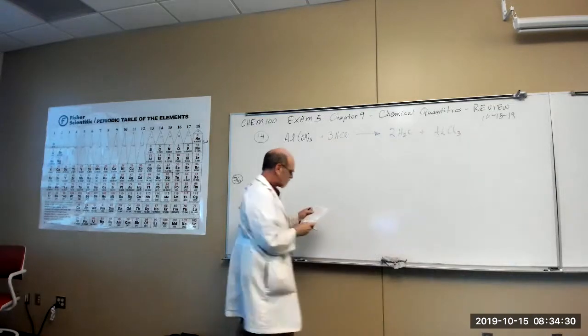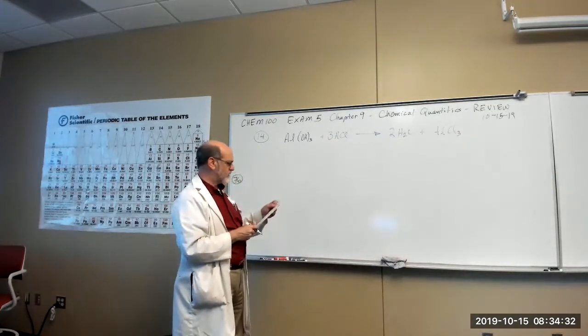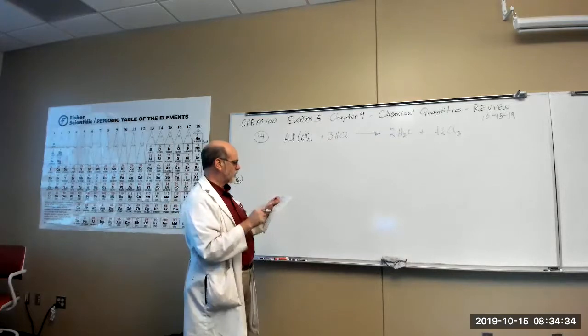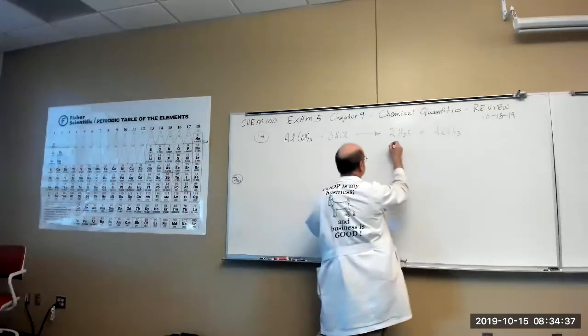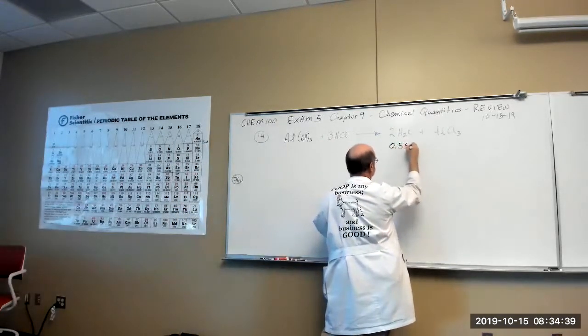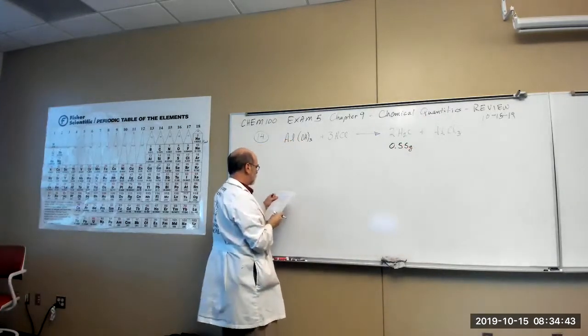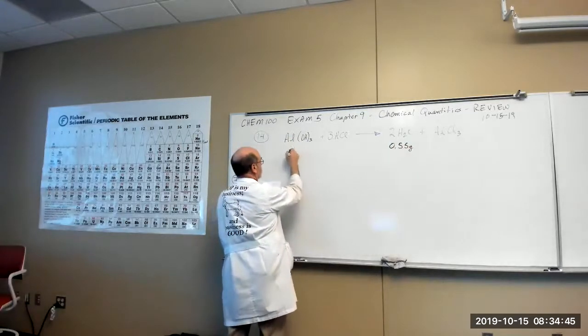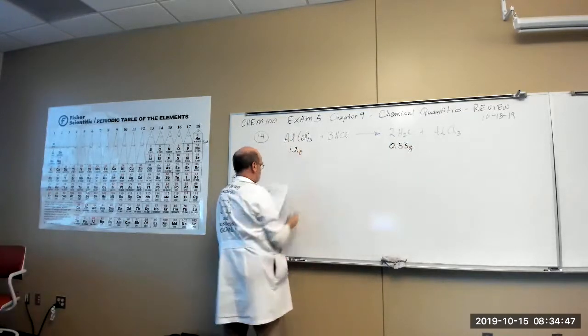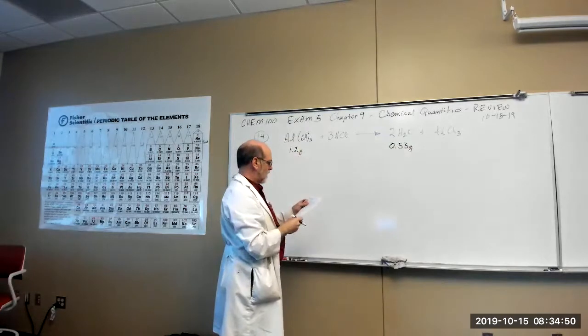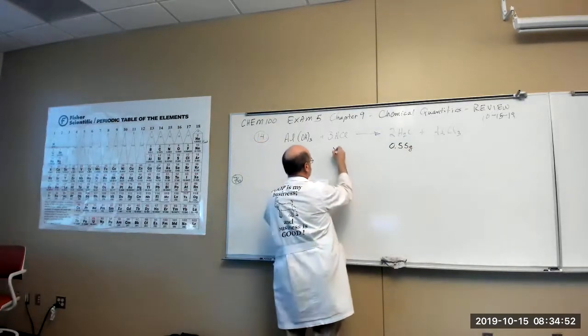Okay. Suppose that 0.55 grams of water are produced from 1.2 grams of aluminum hydroxide, and a certain amount of this one.